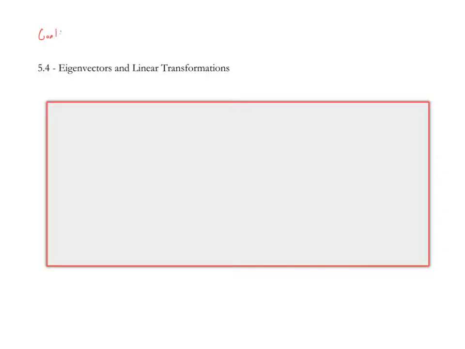This is the last section we cover in chapter 5, and our goal is to understand that equation A equals P D P inverse that we've seen a couple times, which is in itself a factorization. P, D, and P inverse would be factors of the matrix A.